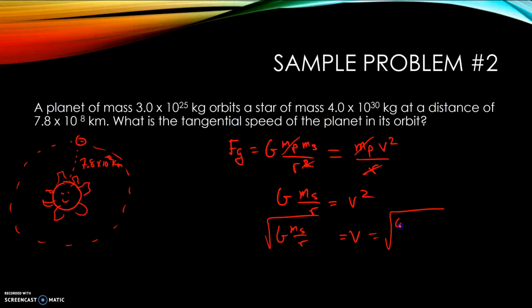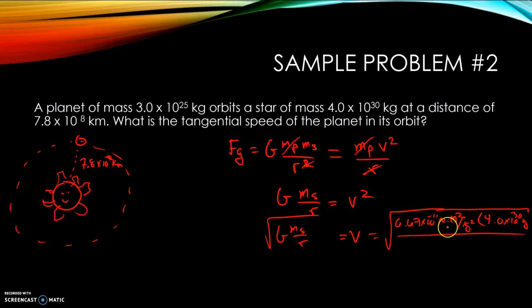So we have 6.67 times 10 to the minus 11th newton meters squared over kilogram squared times the mass of the star. So this will be 4.0 times 10 to the 30th kilograms.